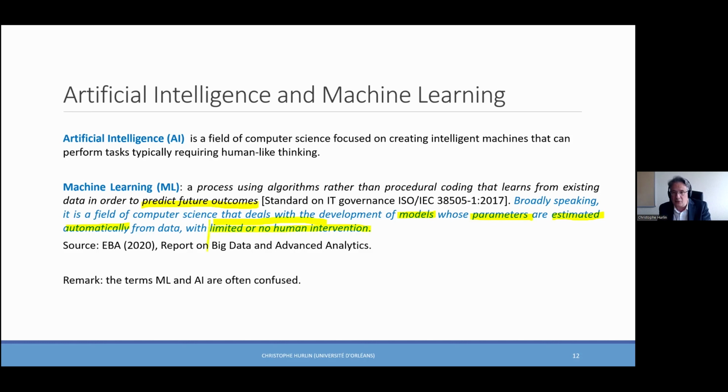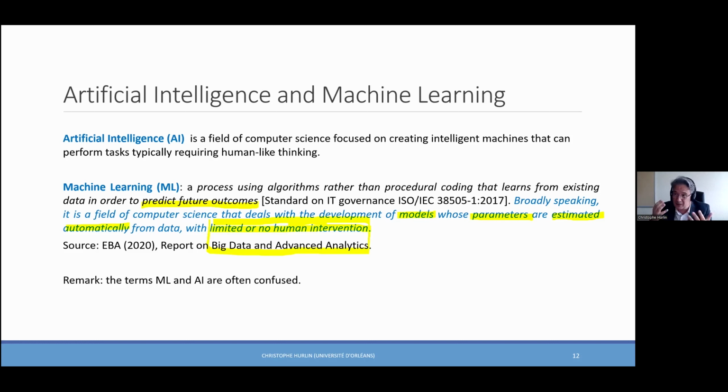And this is the main difference with econometrics, because in econometrics, you have an economist who specifies the functional form of his model. For instance, I have a linear regression model, and I will introduce the GDP, the inflation rate and the unemployment rate in my equation as explanatory variables to explain, for instance, the interest rate. Here, the specification, linear or not, and the choice of the explanatory variables will be automatically defined by an algorithm.